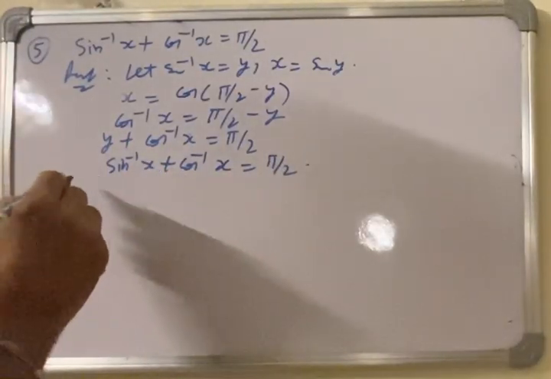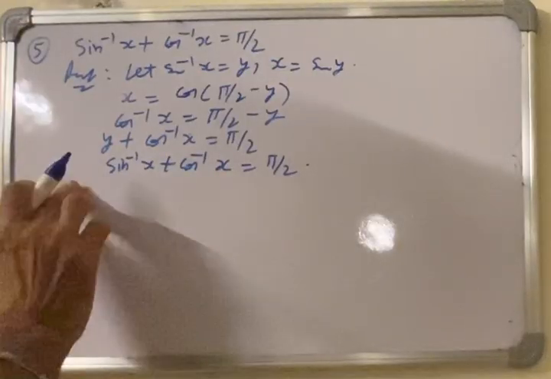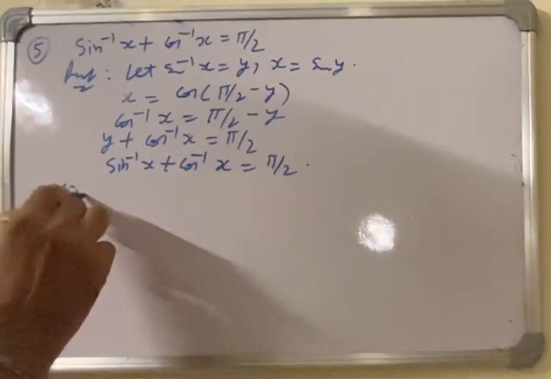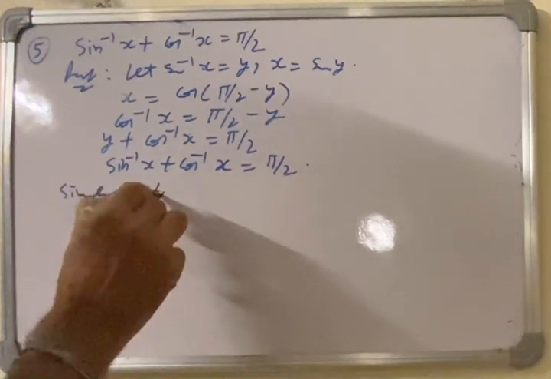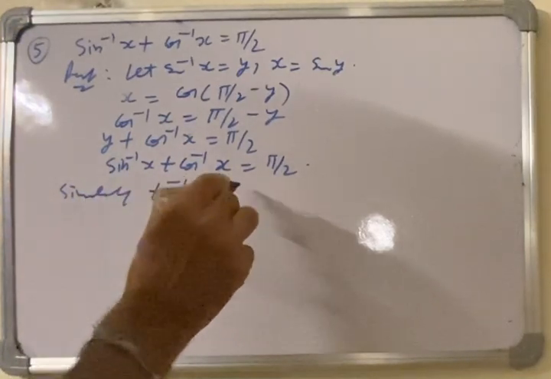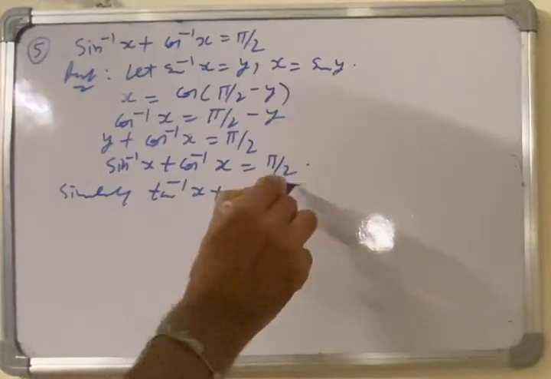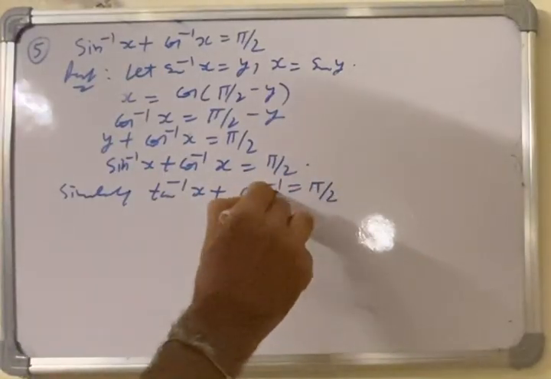Similarly, we have tan inverse x plus cot inverse x is pi by 2.